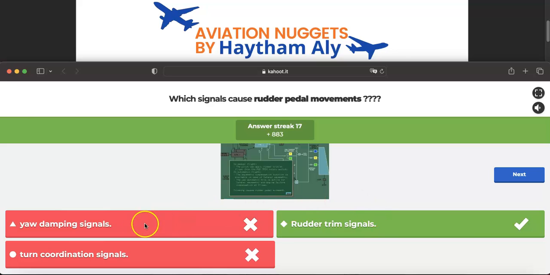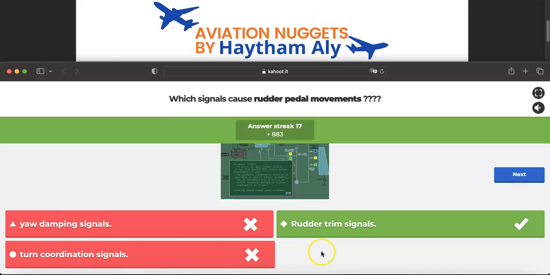In case of yaw damping function happening automatically by the electrical flight control system, the rudder pedal will not move.